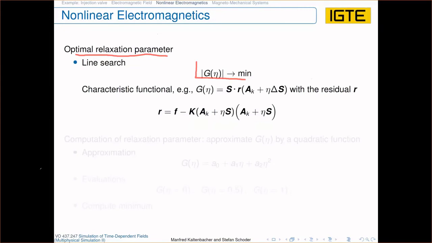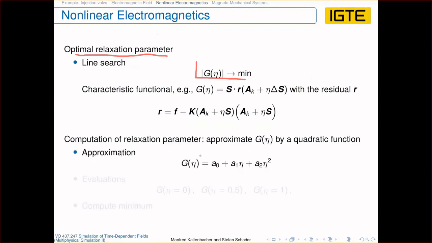We can, for example, now do a simple quadratic function for this g, which could be a0 plus a1 eta plus a2 eta squared. And we know that this has a minimum when the derivative with respect to eta is 0.